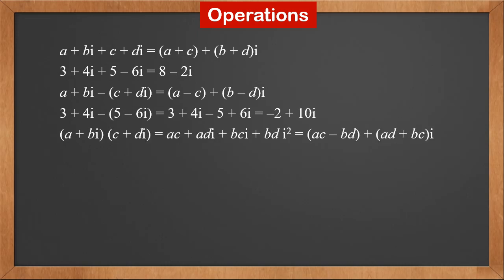You can multiply two complex numbers like you multiply two polynomials. (a plus bi) times (c plus di) is ac plus adi plus bci plus bdi squared. i squared is -1. So the result is (ac minus bd) plus (ad plus bc)i.